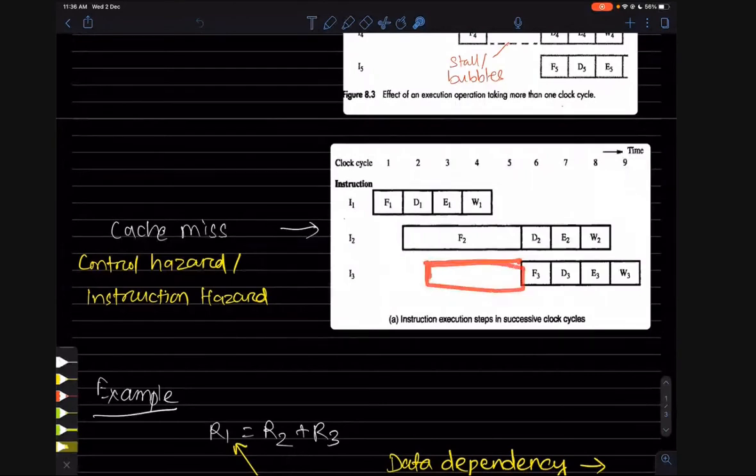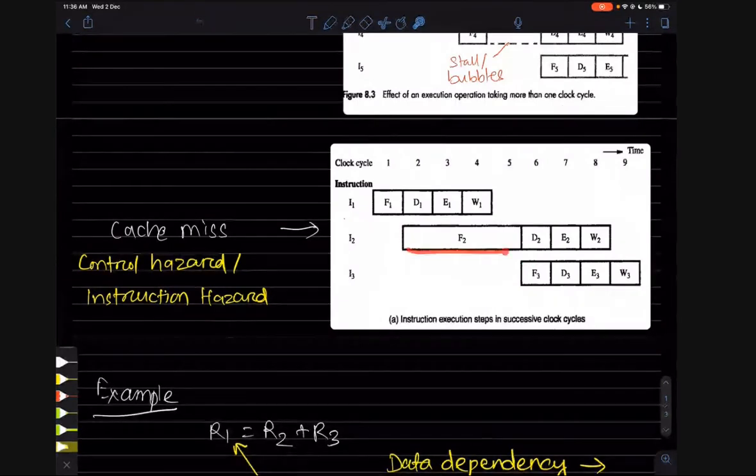How many are there? 1, 2, 3. 3 bubbles we will get. If it takes 10 clock cycles, then 9 bubbles will be there, and that is called an instruction hazard or control hazard. This type of problem is called an instruction hazard or control hazard.